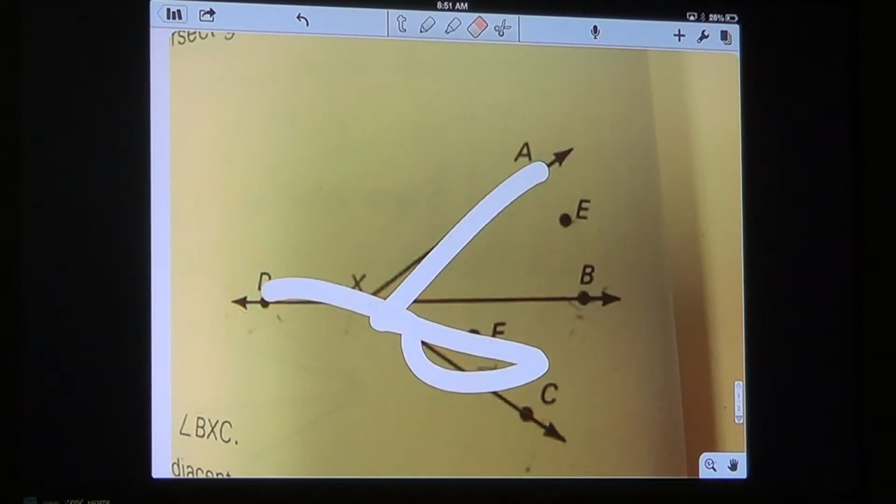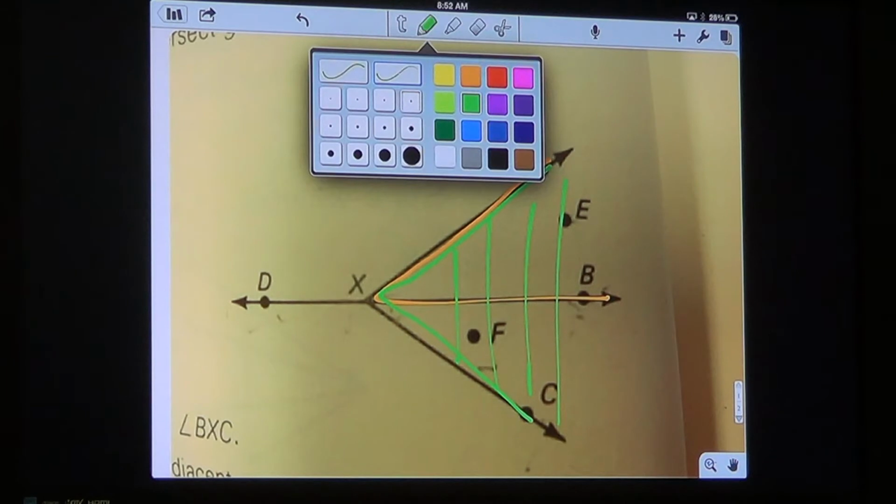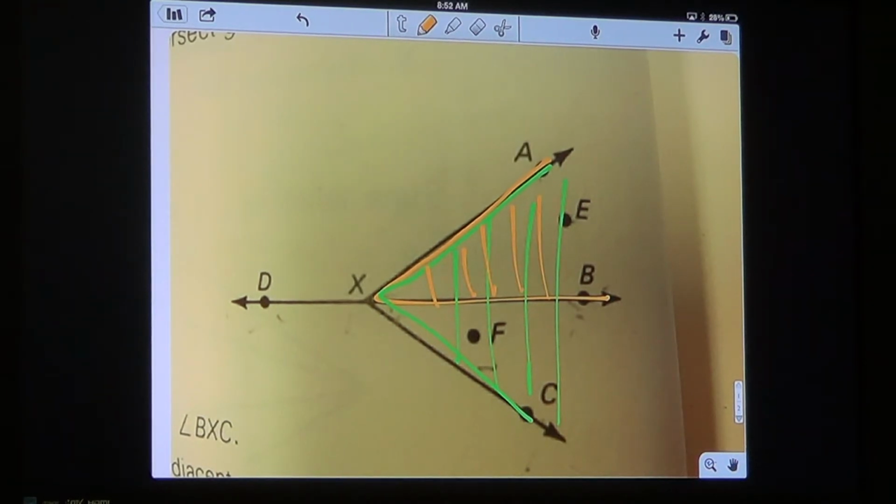Angle AXB and angle AXC are adjacent angles. Here's the interior of AXC. Here's the interior of AXB. Do they have interior points in common? So then they cannot be adjacent angles. So that is false.